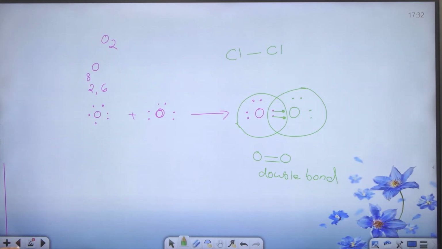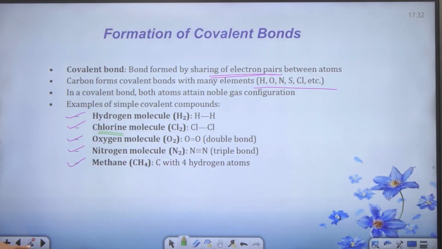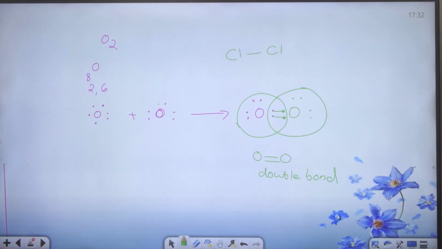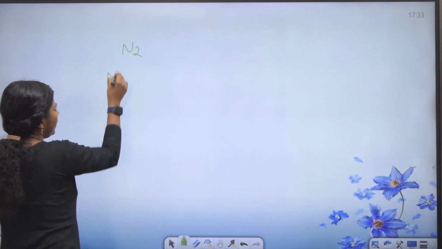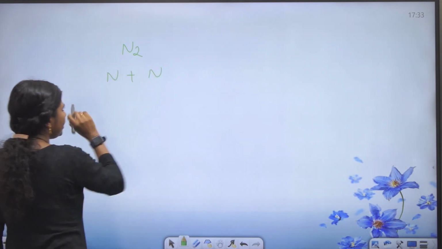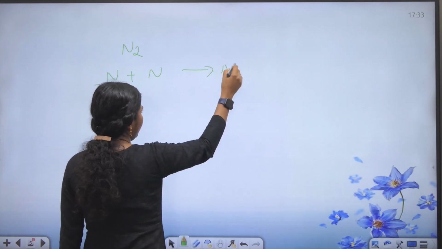Okay, is it clear? The next example is the nitrogen molecule, N2. We know that the atomic number of nitrogen is 7. 2 nitrogen atoms combine to form a nitrogen molecule.